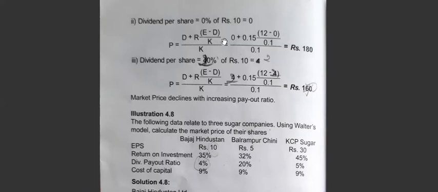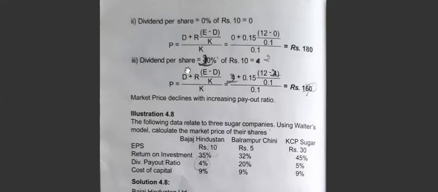Cost of capital and rate of return are 10% and 15% as given in the problem. EPS is given as 12 rupees. If you substitute, you will get 180 rupees.